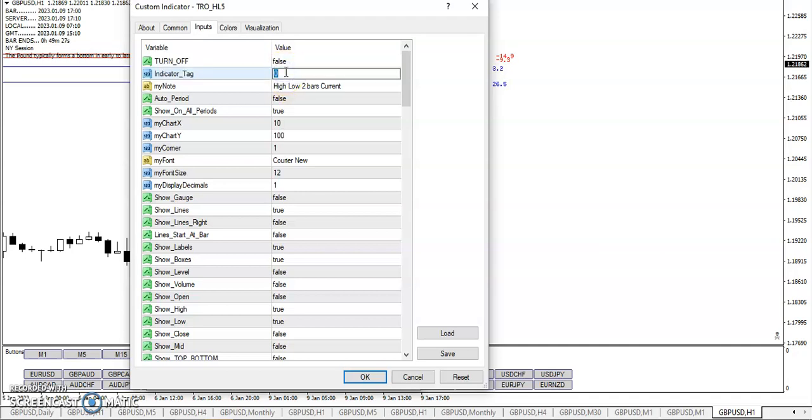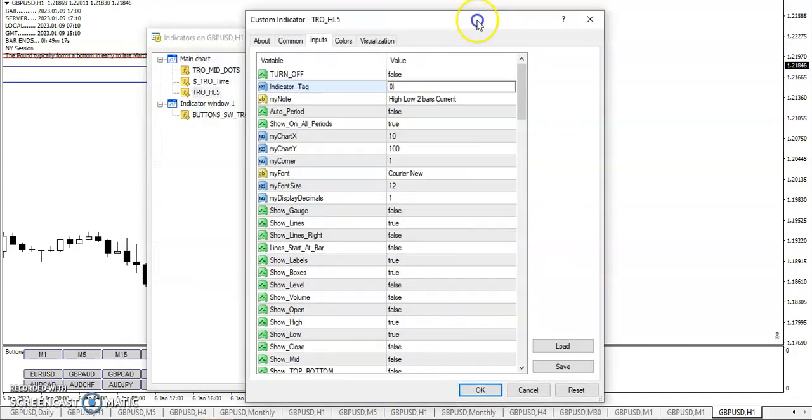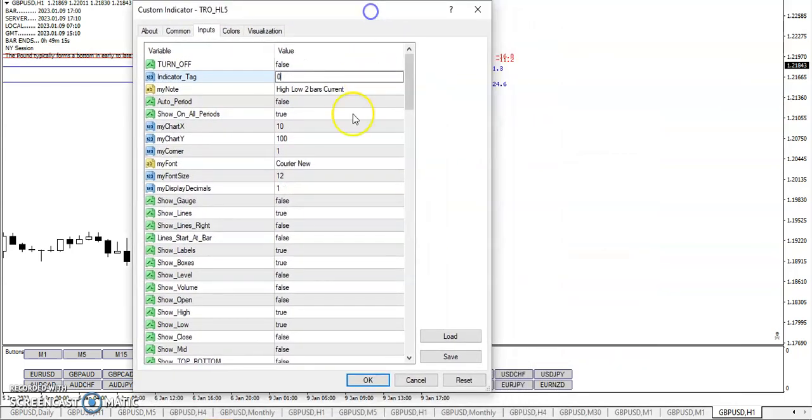So the second time you can set it to 1 or 100 or whatever, just so long as the indicator tag is different from the other TRO HL5s, then you won't have a problem. Then you can just put a my note. So in this case, it shows the high low for 2 bars with the current chart period. And that's just the note. You can put anything in there.